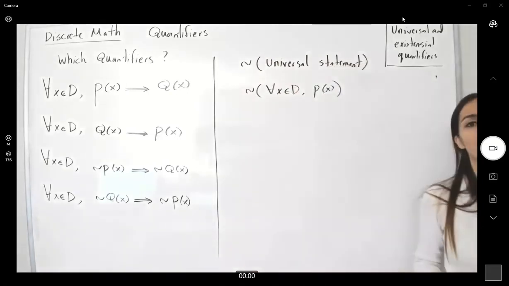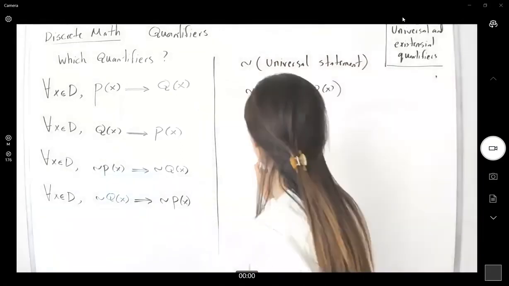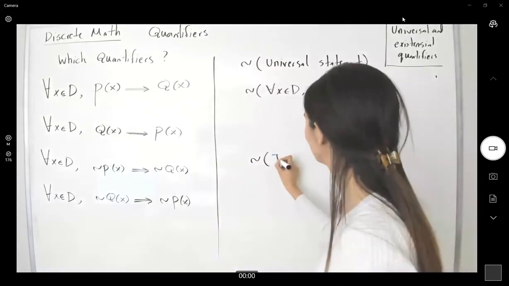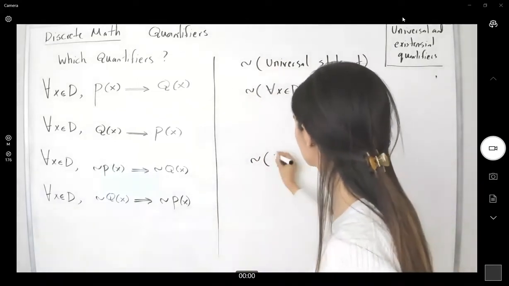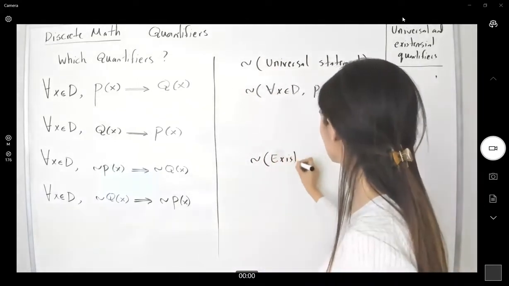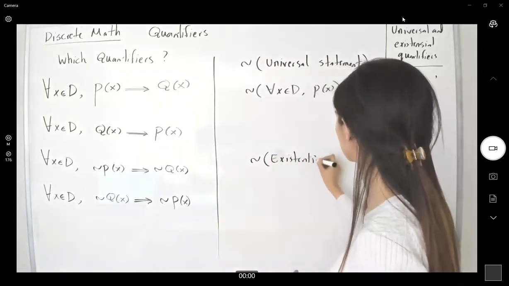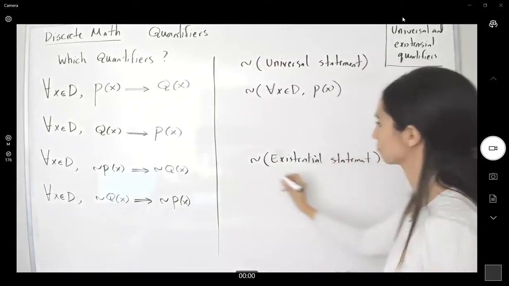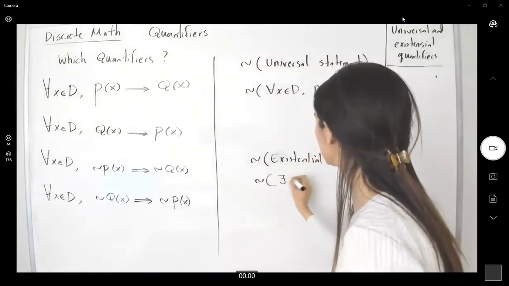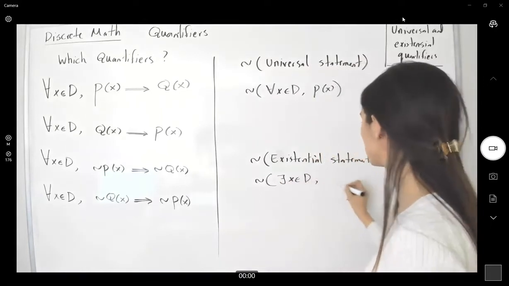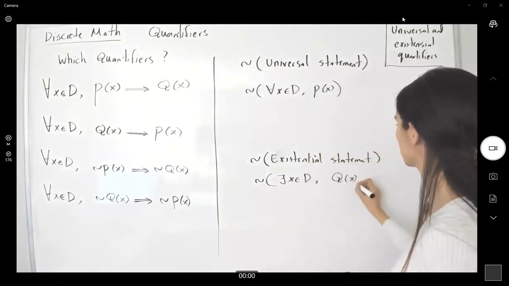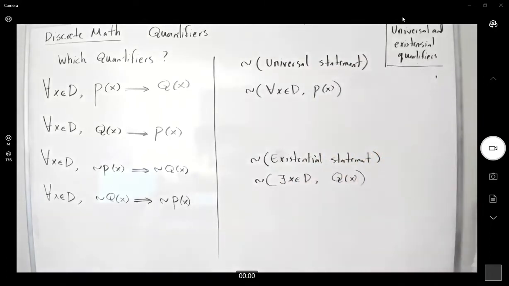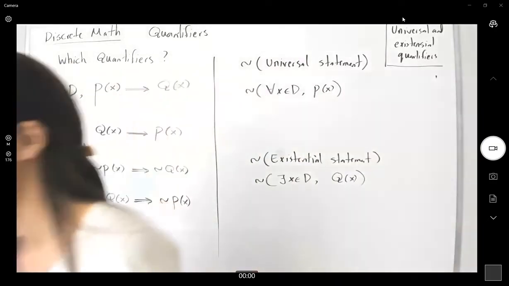And what is the negation of existential statement? What is the negation of there is x in domain D such that, for example, Qx? How do we negate these two statements?